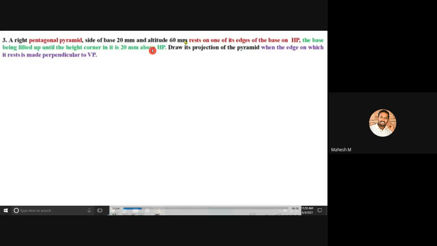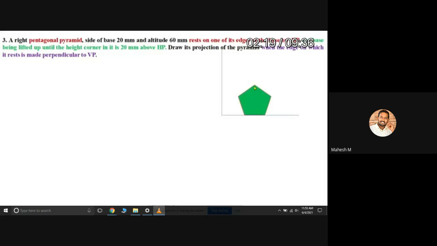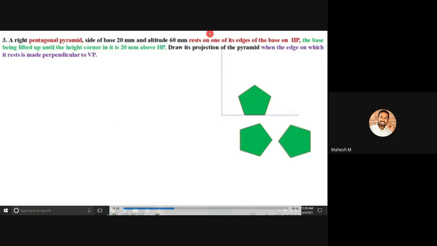So in the green color word, உங்களுக்கு டிஃப்ரெண்டா இருக்கும் இந்த கண்டிஷன். So இந்த கண்டிஷன் எப்படின்னு நான் சொல்றேன். So you can create your horizontal line with the name of reference line. Then you can create an edge hexagon because please look at this. It is clearly mentioned about edge of base on the HP. இது நீங்க பண்றதுனால பண்ணலாம், no problem.